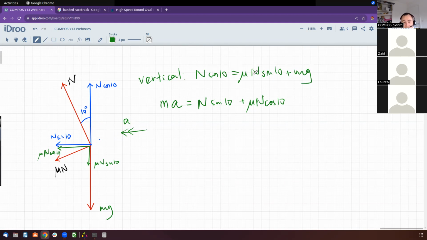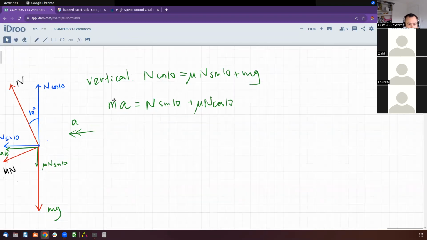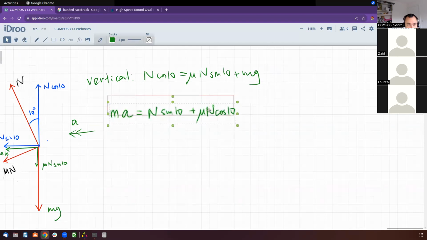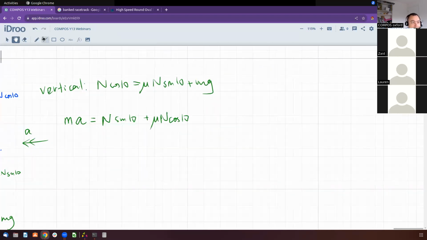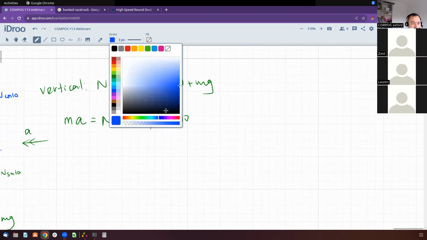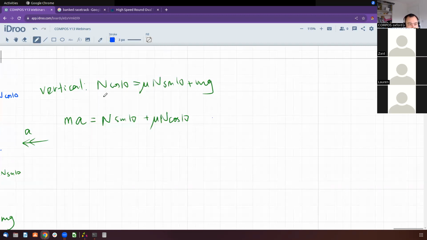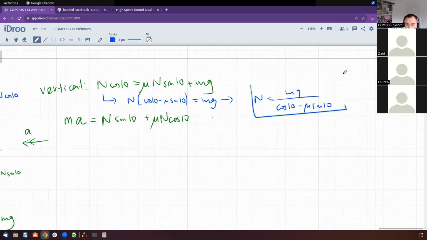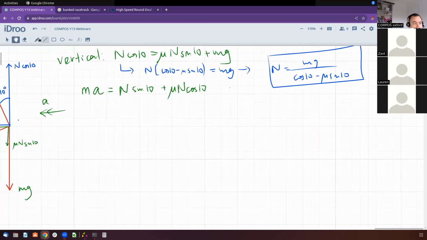So from here we can take N to substitute into here. So from here we have N cos 10 minus mu sine 10 equals mg. So we have N is equal to mg divided by cos 10 minus mu sine 10. So we have N. Now we substitute that N into here.